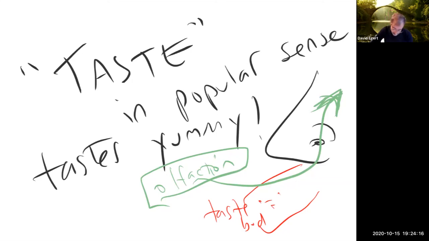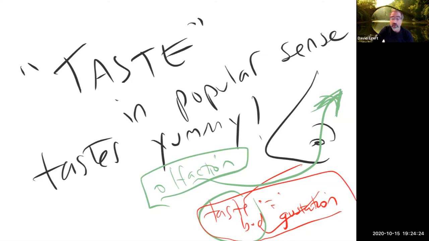So the taste buds, this gustation, is giving you information on sweet, salt, sour, bitter, but the olfaction is giving you much more information on the subtle yumminess or not yumminess of the thing, or what is this? What exactly is this food? Is this a lemon, or is this an orange, or is this an apple, or is this avocado, or whatever?